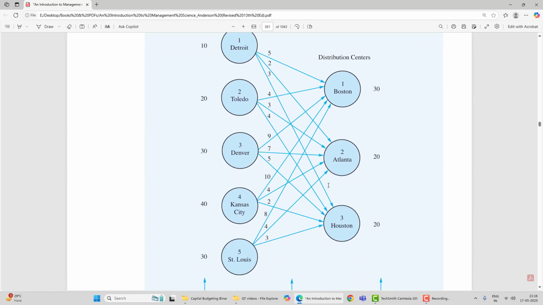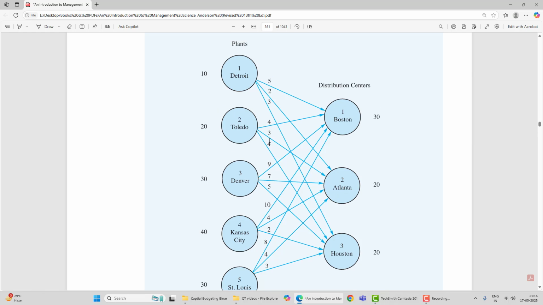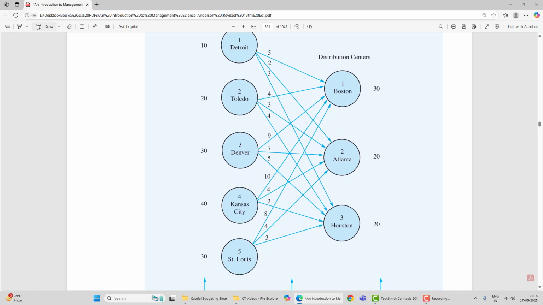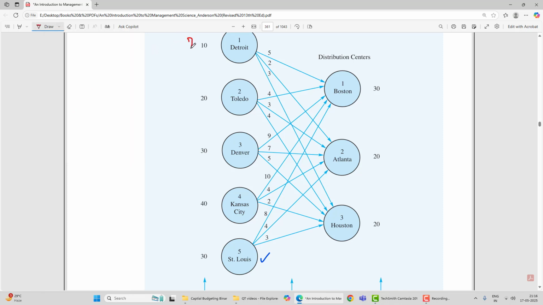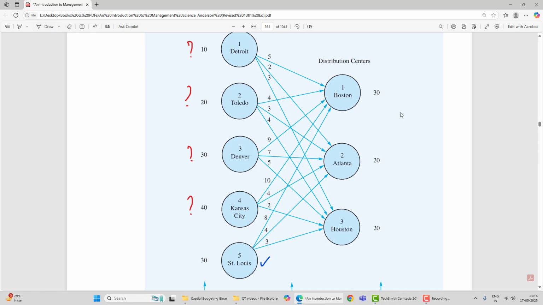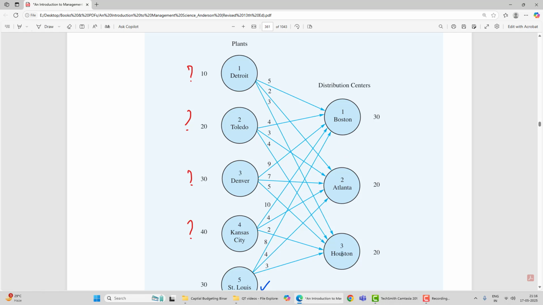It will look like our transportation problem, where they already have this plant in operation. This is already there, and the remaining ones are the ones where we have a question mark whether we should go ahead for this Denver, Kansas, Detroit, Toledo, which one, right? And also these are the three distribution centers, and these are the demands which are in thousands of tons.